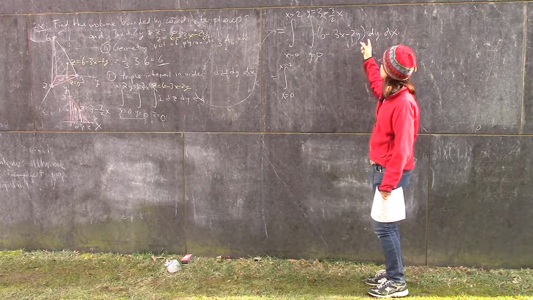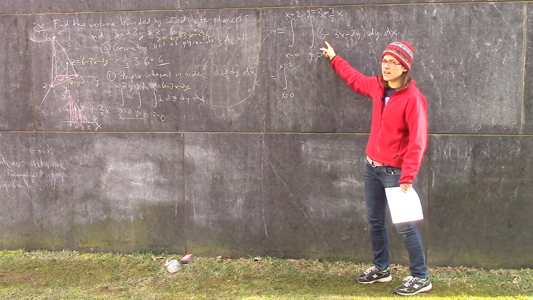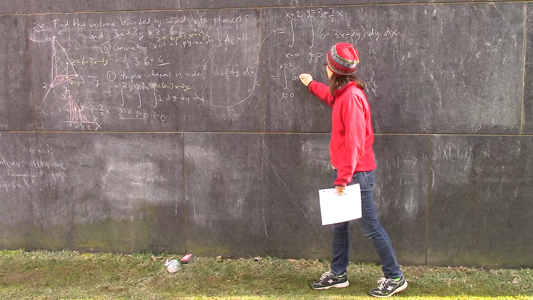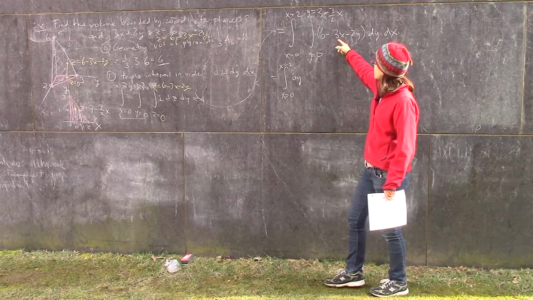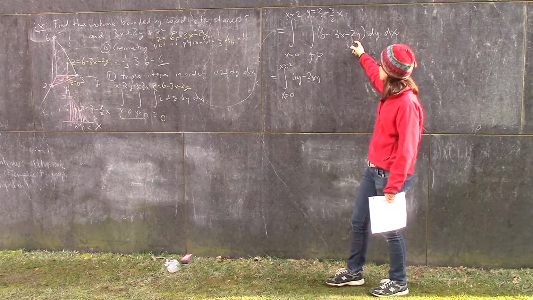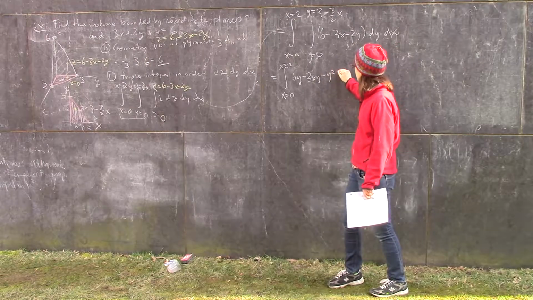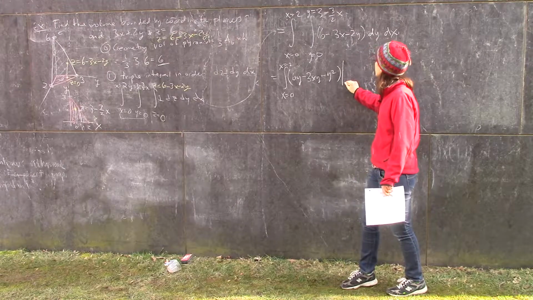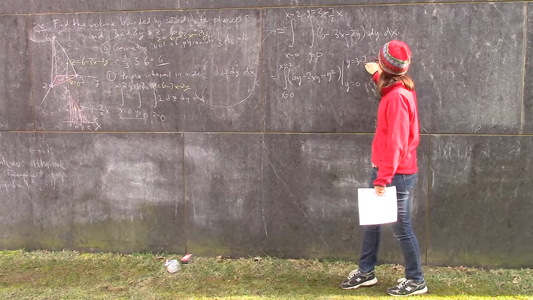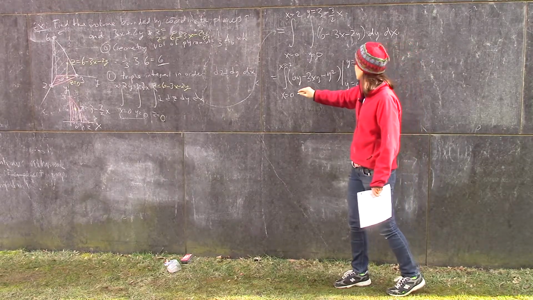And now we're going to integrate with respect to y. 6 with respect to y, 6y. 3x with respect to y, minus 3xy. 2y with respect to y, y squared, minus y squared. Okay, we do that whole thing and plug in from y equals 0 up to y equals 3 minus 3 halves x. We do that whole thing dx.